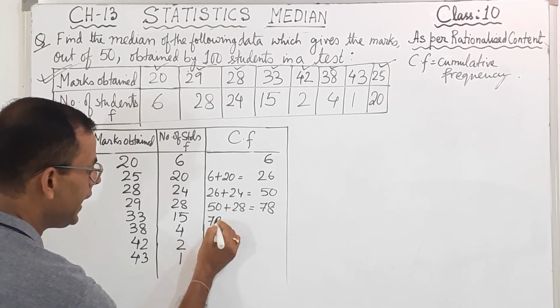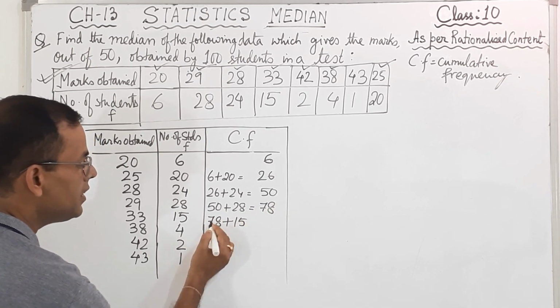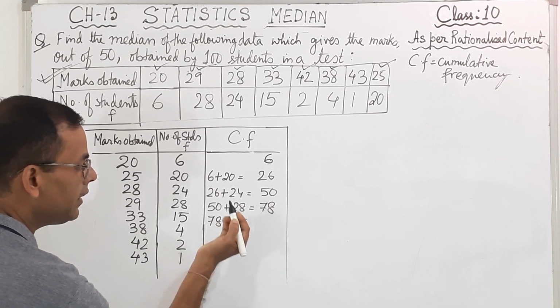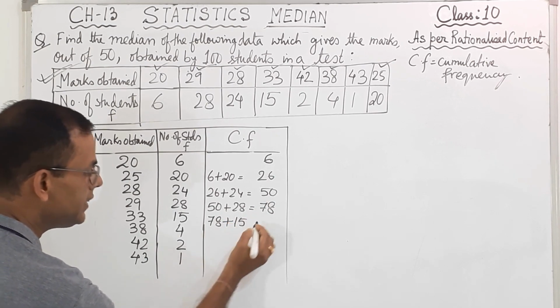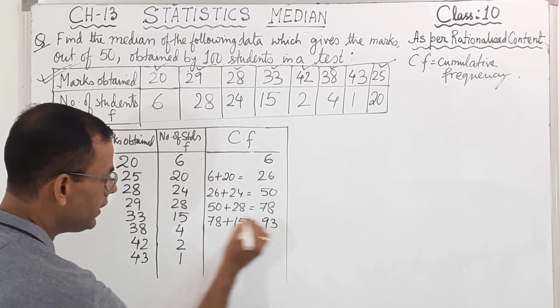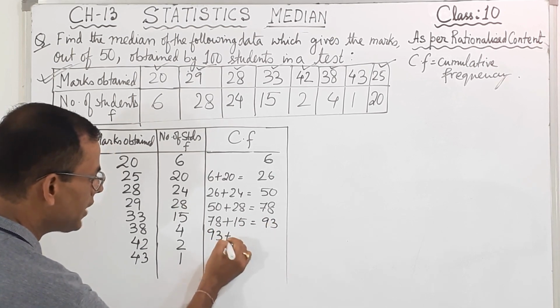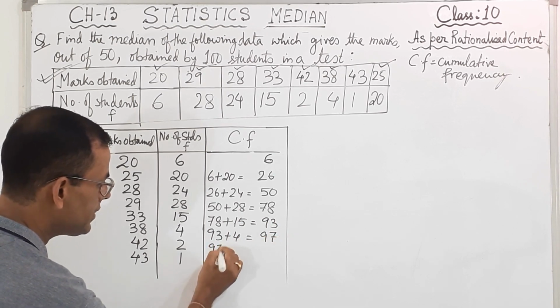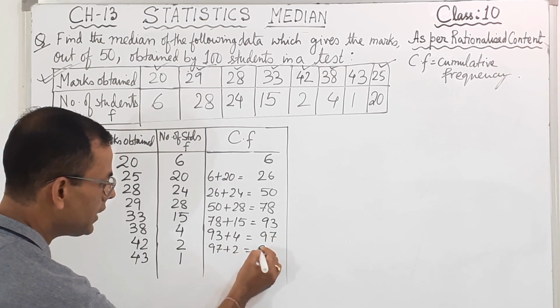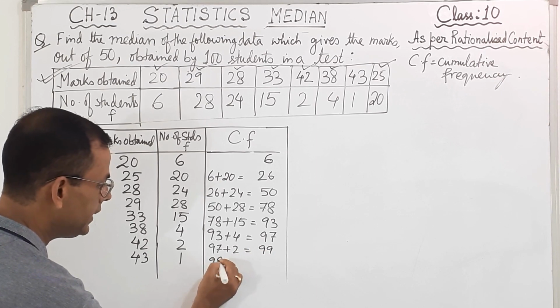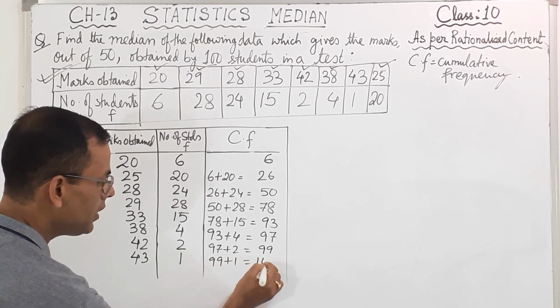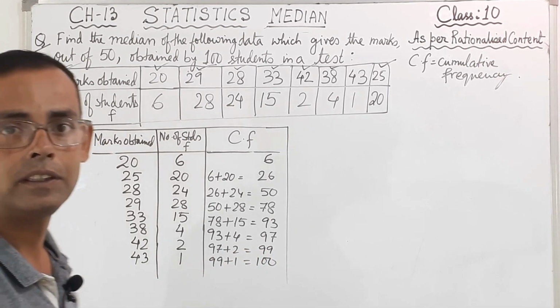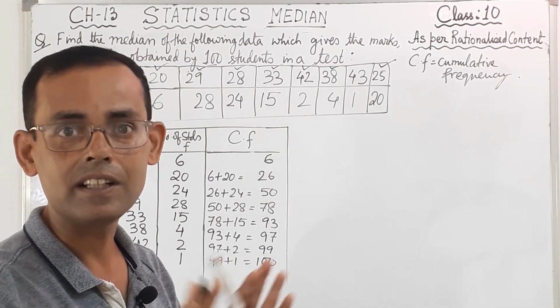Then 78 plus 15, so 78, 88, 93. Then 93 plus 4, how much comes? 97. Then 97 plus 2, how much comes? 99. Then 99 plus 1, how much comes? 100. Up to this much, I think it is clear.